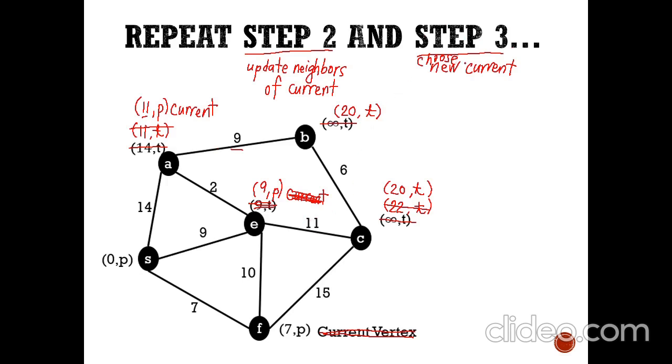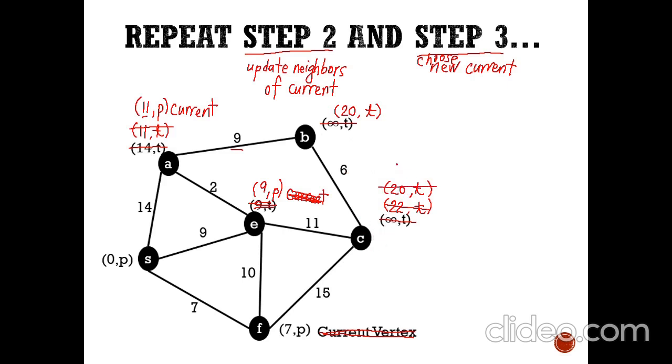So for step 3, we now choose the new current vertex. So among the temporary vertices, we will choose the one with the lowest distance value. However, the distance values of B and C are equal. In this case, we can choose any as the new current vertex. Okay, I will choose C as my new current vertex.